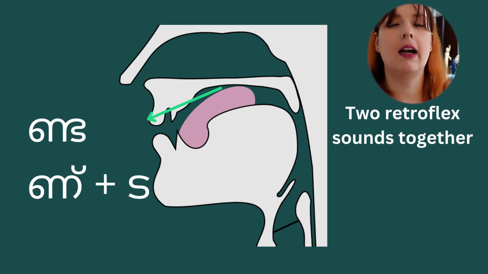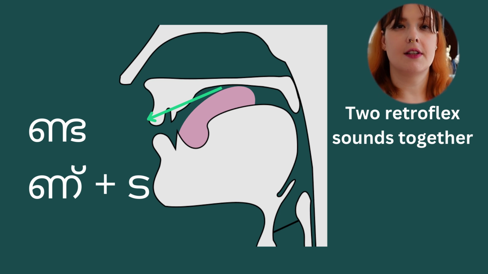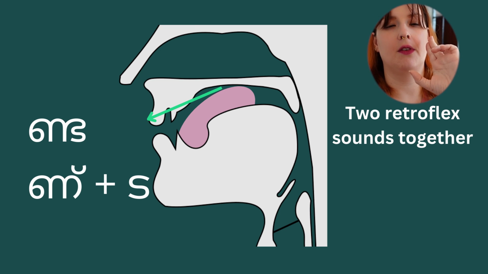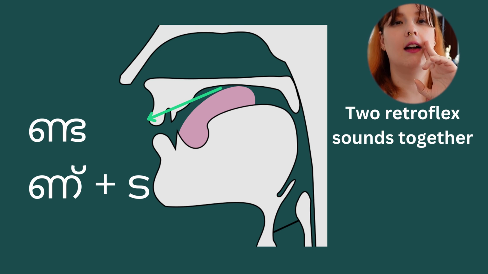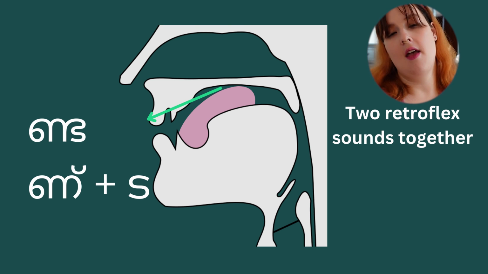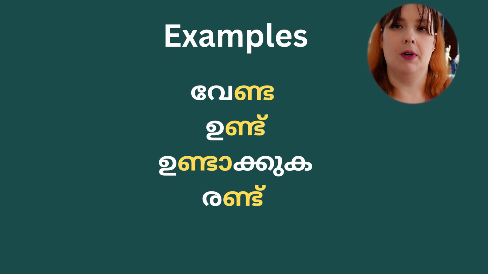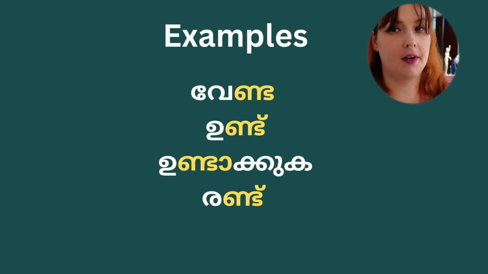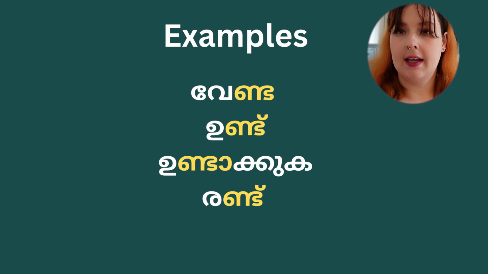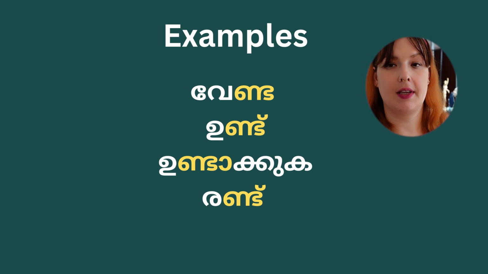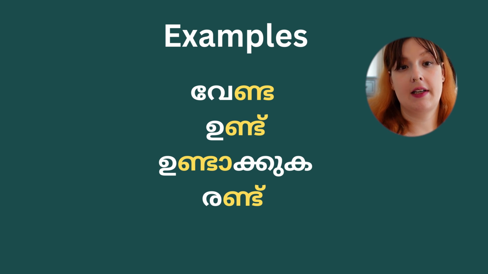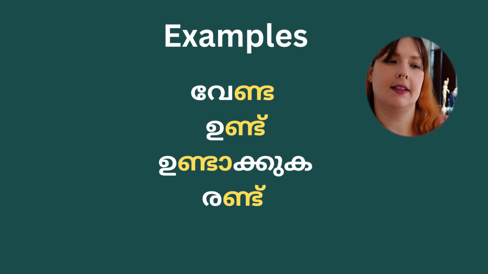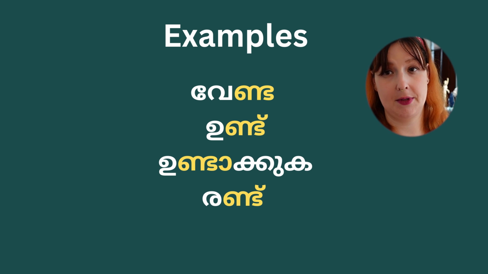So it's nda, nda. So your tongue goes back, it touches the roof of your mouth, and then you say ta, nda, nda. So we use this in words like veranda, und, undakuga, and rand. So here we have these very common words, and this letter is something you'll see quite often in Malayalam, so it's good to practice that.